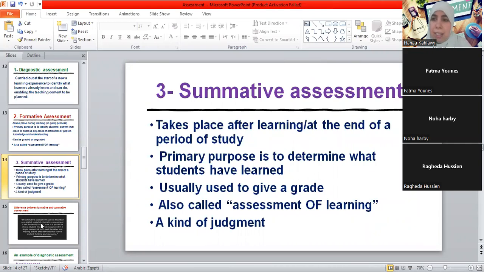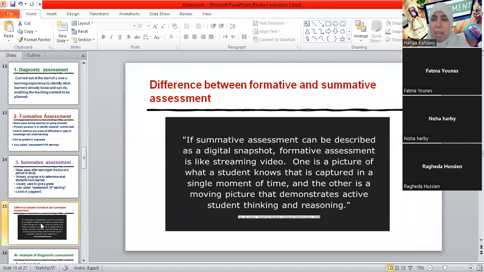And here there is a lovely comparison between summative and formative. What's the difference between summative and formative? They said that summative, at the end of the learning, looks like a snapshot, okay? It looks like a picture here.